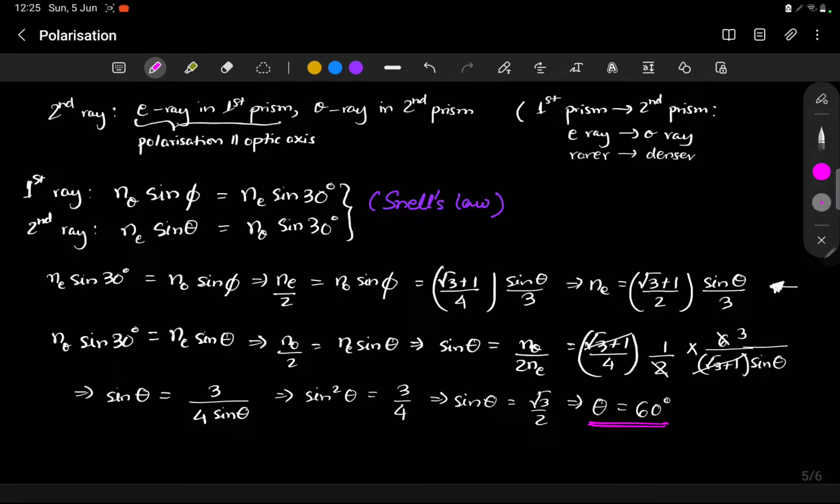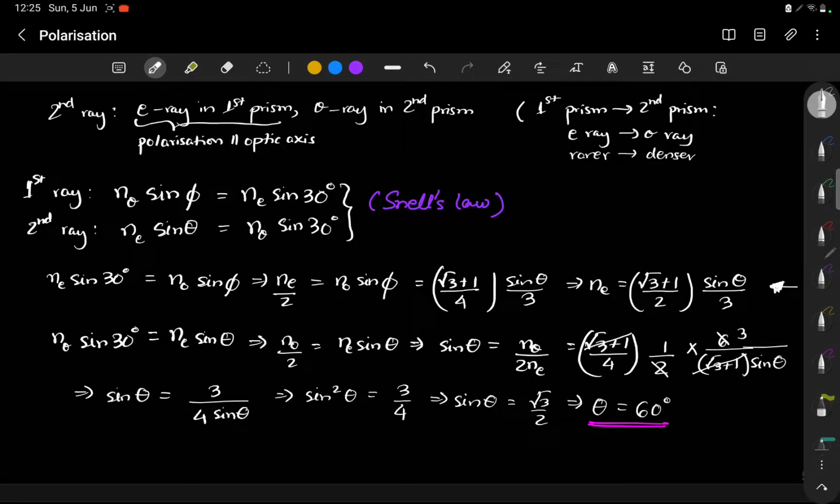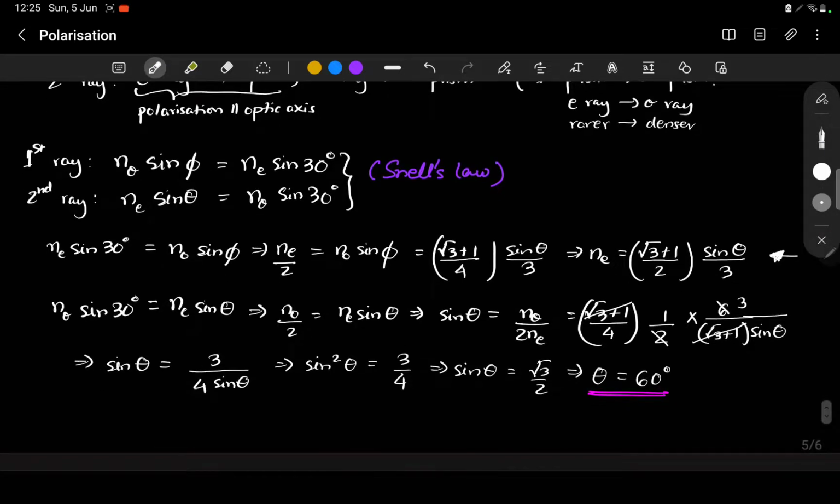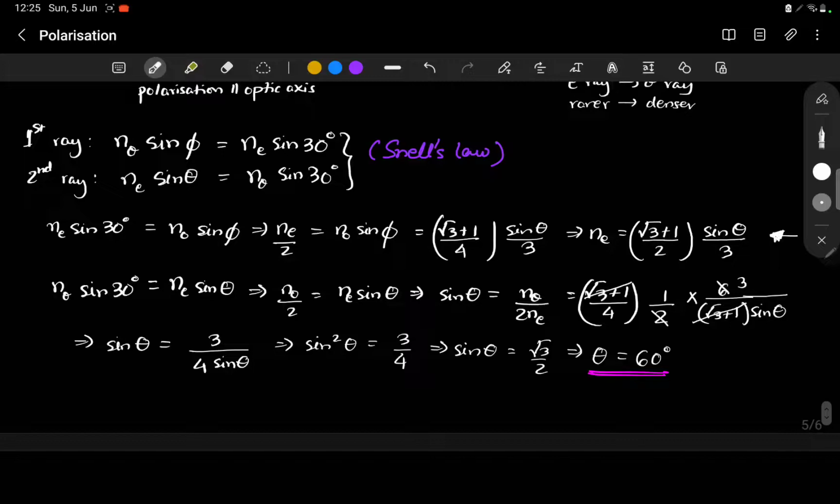Now from this we will come to know Ne again by using this relation out here. So let us do that. So we have Ne is root 3 plus 1 over 2 sine theta over 3. Theta is 60 degrees.